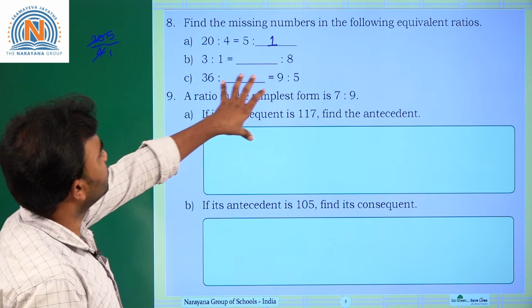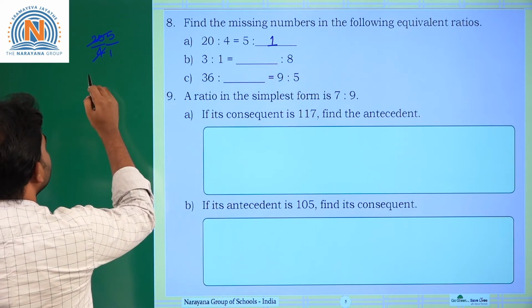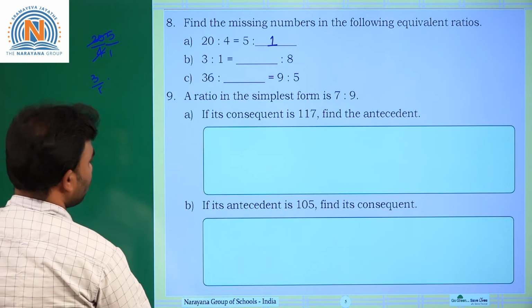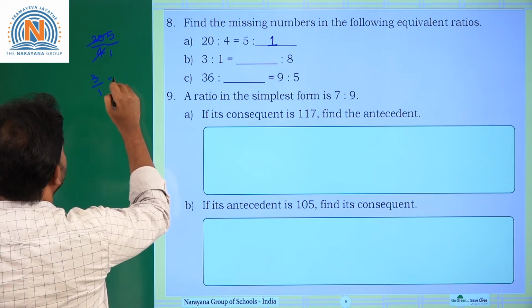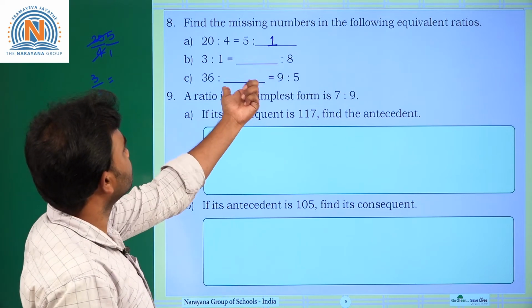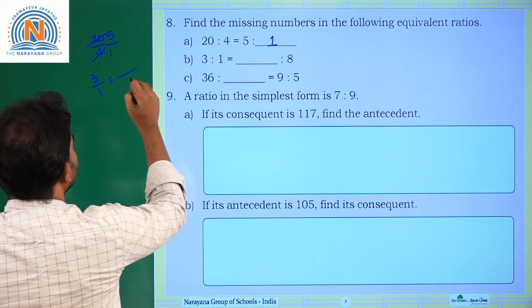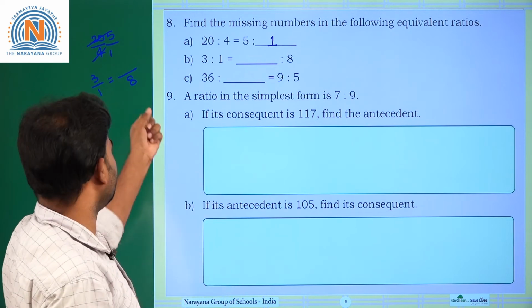3 is to 1 is equal to dash is to 8. See here, 3 is to 1 can be written as 3 by 1 is equal to, now see dash is to 8, that means dash by 8. To get 8, with which number should we multiply?